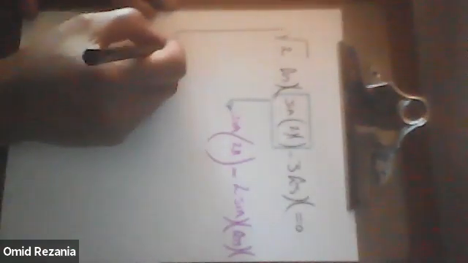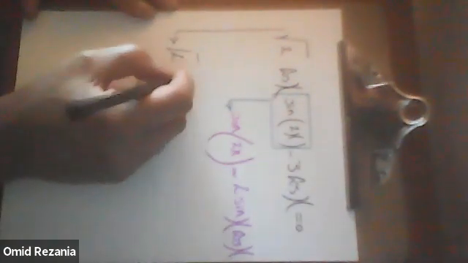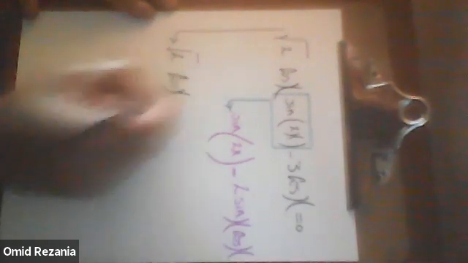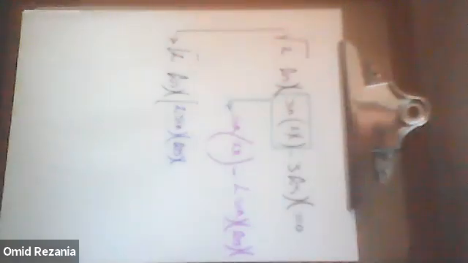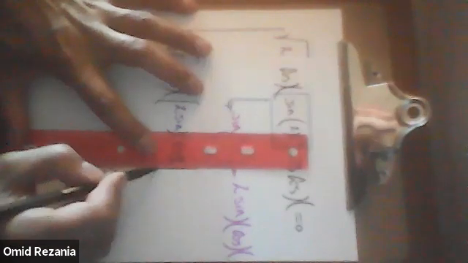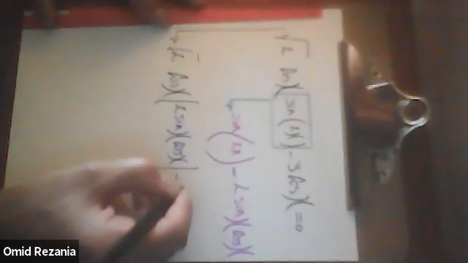The square root of 2 times the cosine of x, multiplied by this term, which is essentially 2 times sine x cosine x, minus 3 times cosine x equals 0.